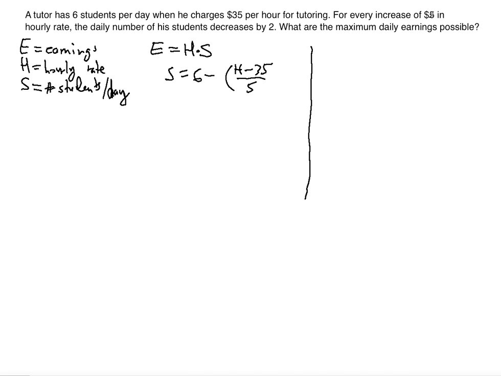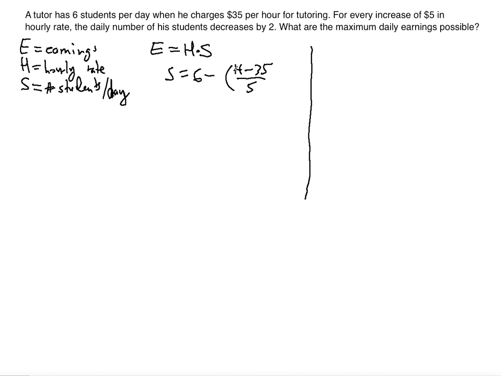Because it says that for every increase of $5 in hourly rate. And the reason why we'll divide by 5 is because the difference between the higher hourly rate and the current hourly rate of 35 divided by 5 will give you what? Will give you the number of these $5 increases, right?